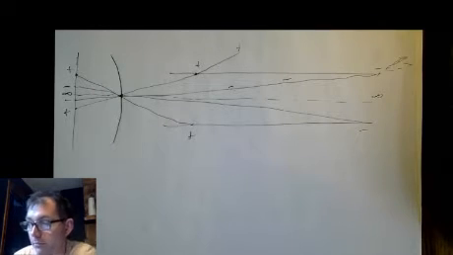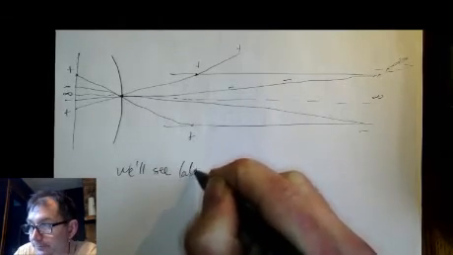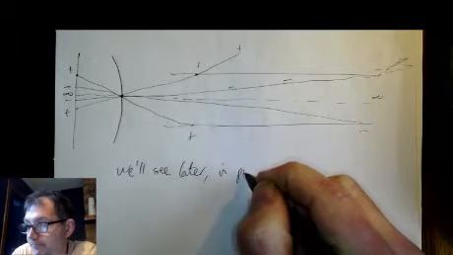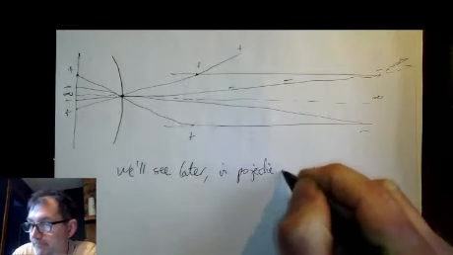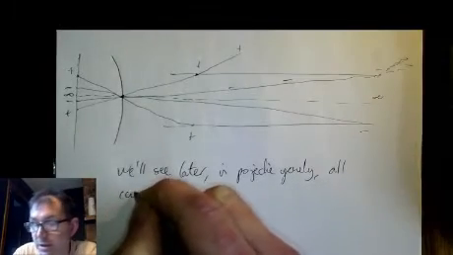So we'll see later that in projective geometry all conic sections are the same.